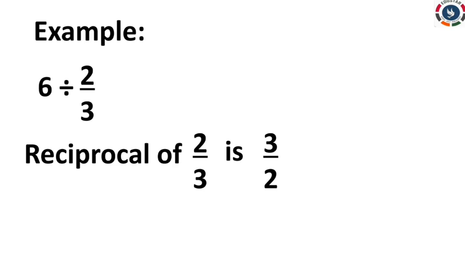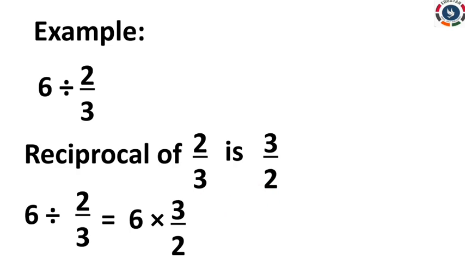So 6 divided by 2 by 3 is equal to, write 6 first, and the divide symbol is there, instead of that you write into, because you are converting to the reciprocal form of the second fraction. So write the into symbol, then instead of 2 by 3, what is the reciprocal of 2 by 3? 3 by 2, that you write here.